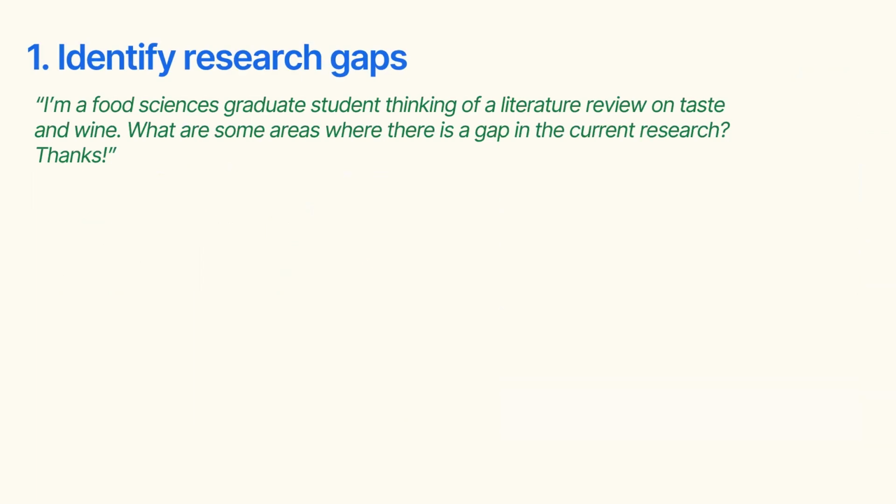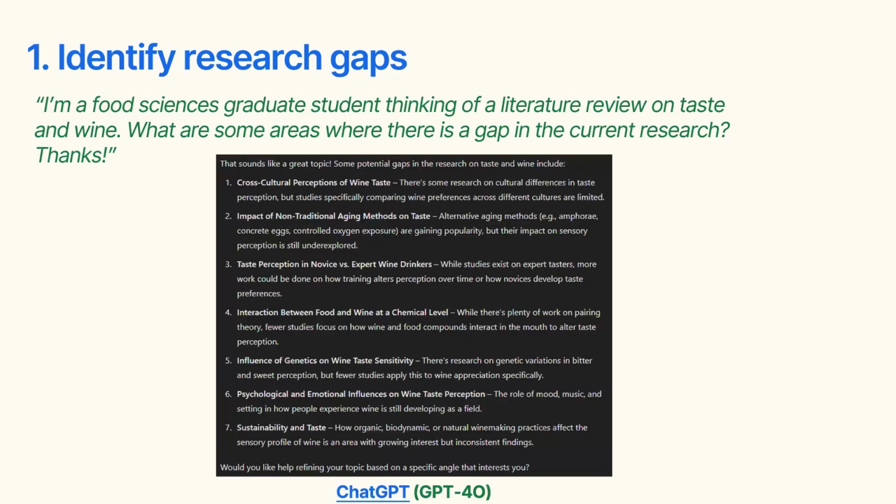Maybe you're writing your dissertation or thesis of some kind, or maybe you're doing research in this area and you need to work on your literature review section. What are some of the areas where there is a gap in the current research? This is what I would put directly into ChatGPT in this case. This is the question that I put in.